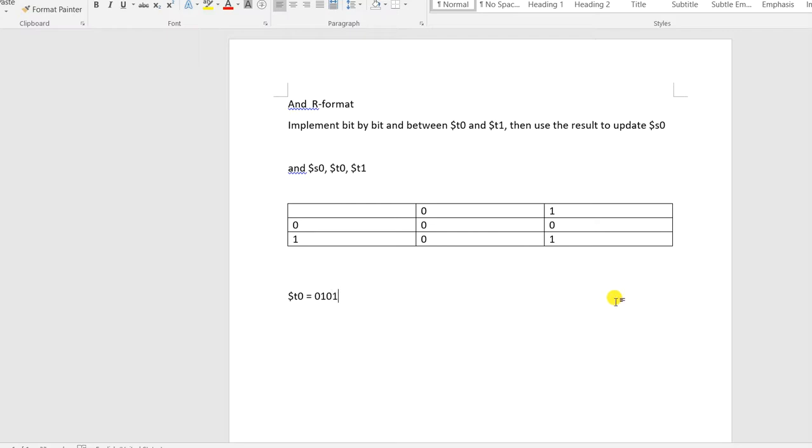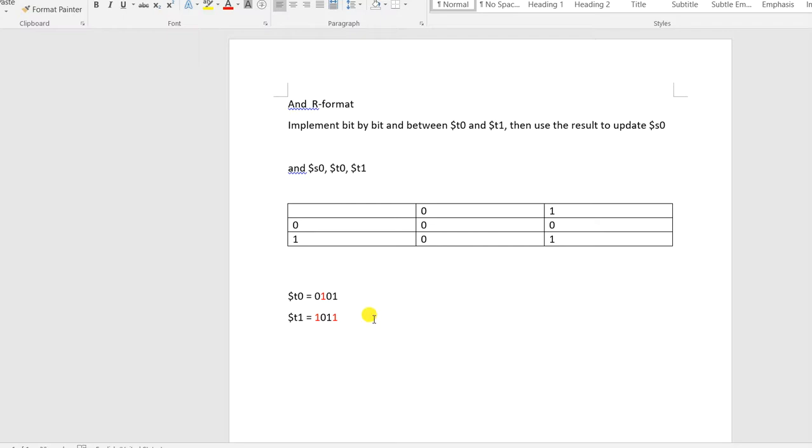If I want to mask the second bit of T0, I set T1 this way, so that all the other bits of T1 are 1. By doing that, the other corresponding bits will be kept as the original. That means after doing the bit-by-bit AND on the corresponding bits, we get the final result.